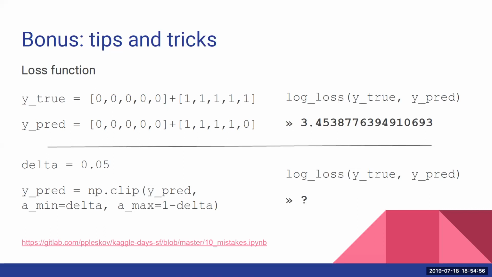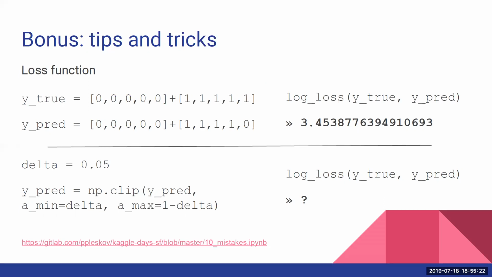Another question. You try to calibrate it a little bit and you clip your predictions, you kind of smooth it a little bit. So those are not 0 and 1s anymore. Those are like 0.05 and 0.95. So what kind of loss will you get in this case?